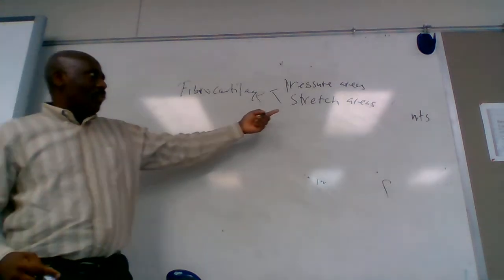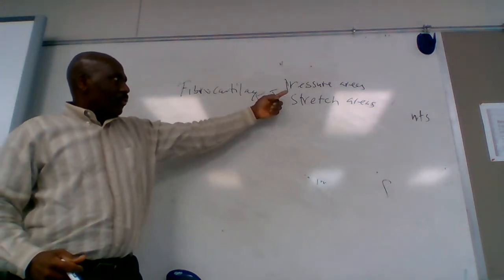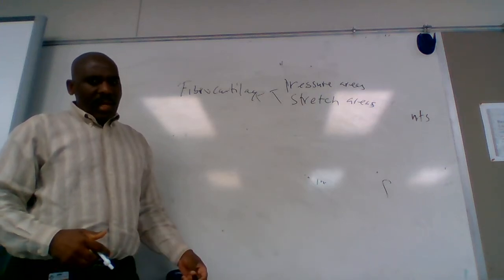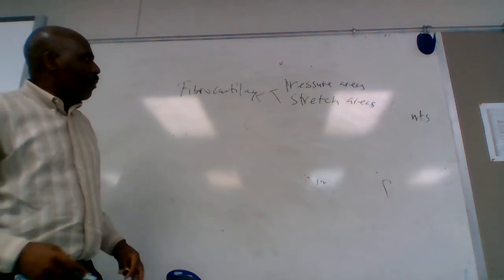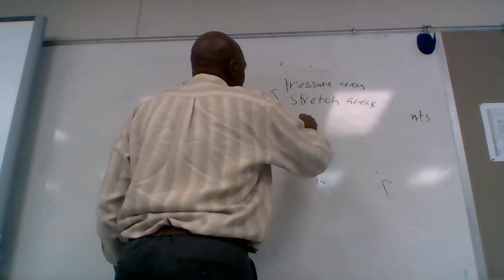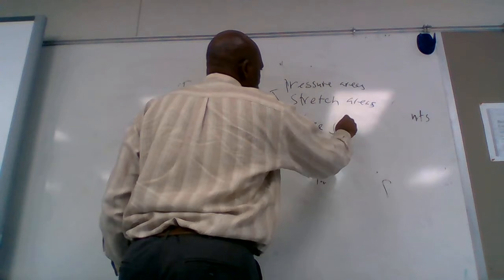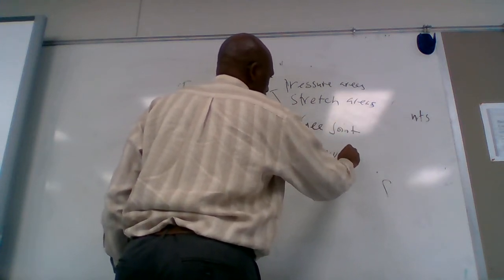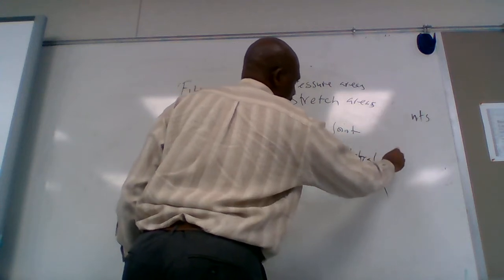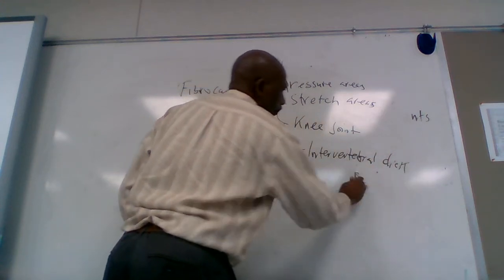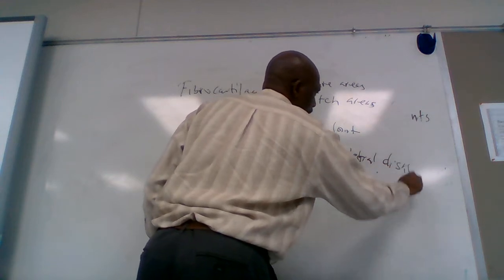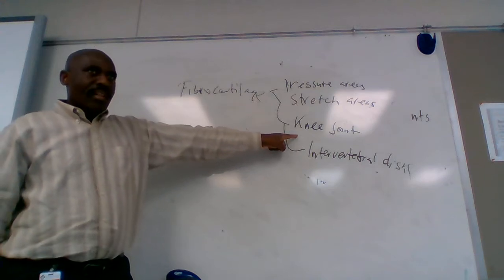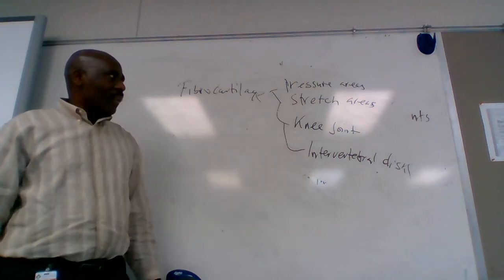So there are two places in the body where you find fibrocartilage: pressure areas and stretch areas. An example of where you find fibrocartilage will be your knee joint and the intervertebral disc.